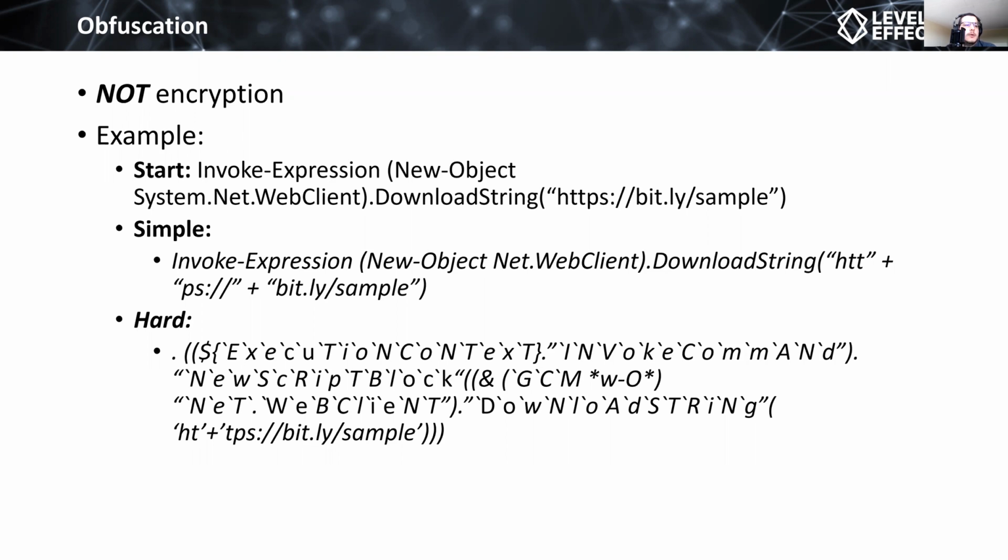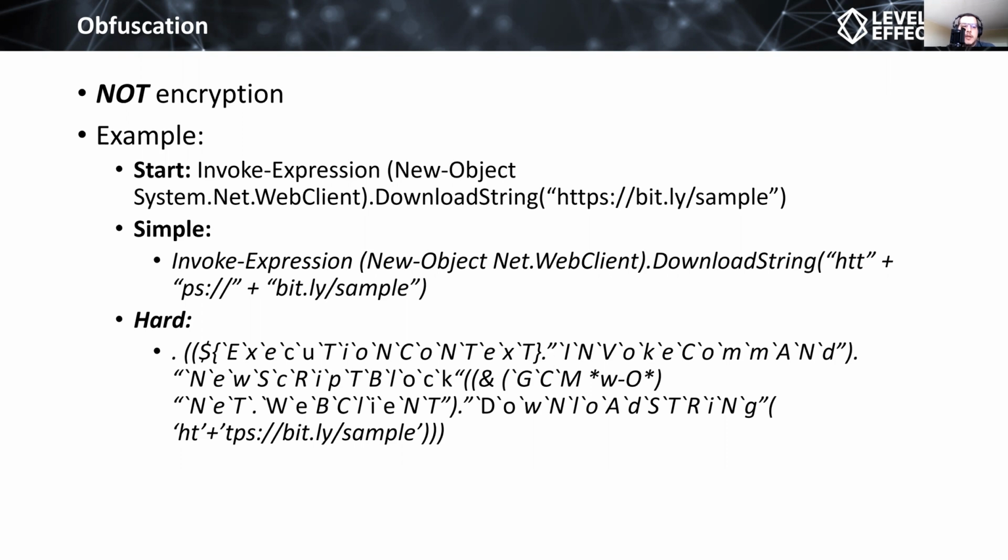So obfuscation is not encryption. I made that clear up at the top there. Obfuscation is just hiding and uglifying what you're trying to do, to trick AMSI, or trick humans, even trick the human eye into not being able to read what you're doing. Again, it's not encryption, because you're not encrypting anything.